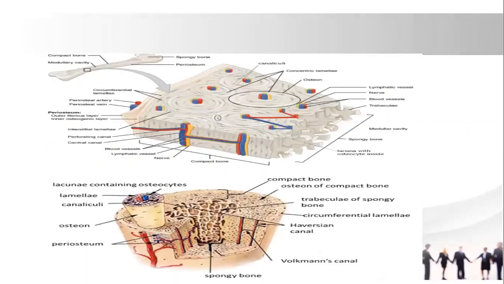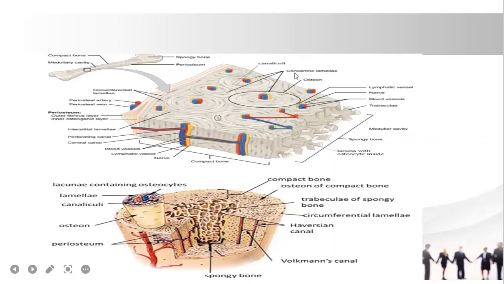From this diagram, we have the basic structure of compact bone, beginning from here to this end. We have the perforating canal, the blood vessels or neurovascular elements, the central canal, and the osteon or Haversian system.